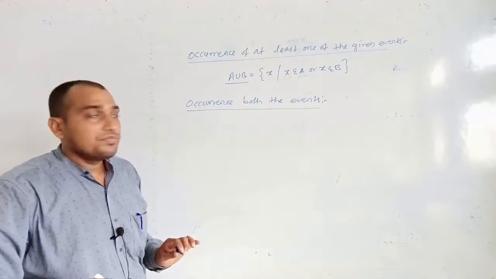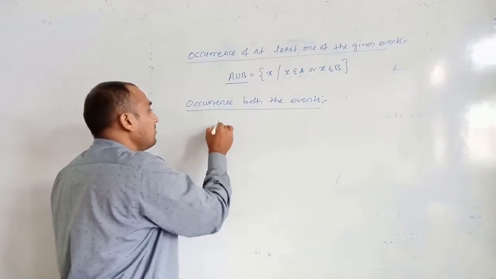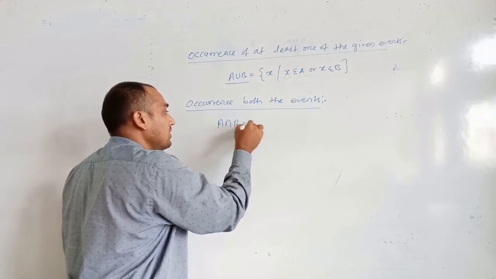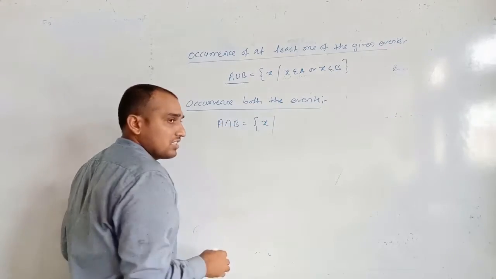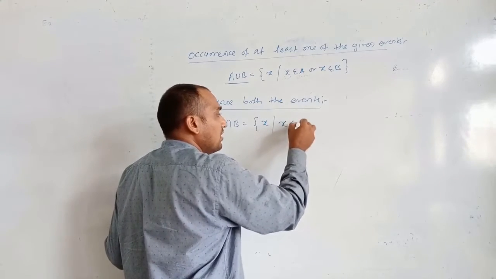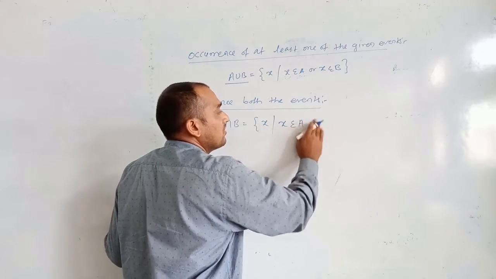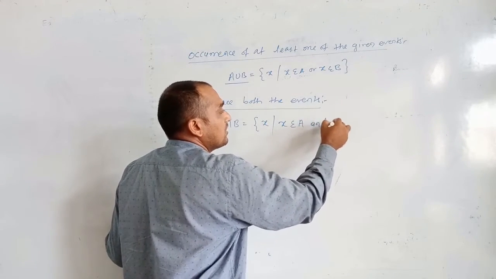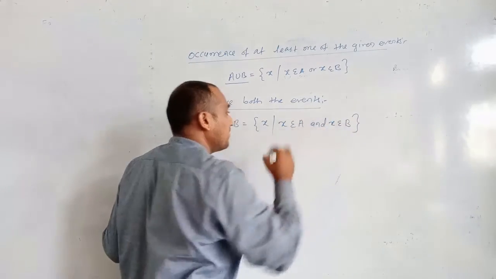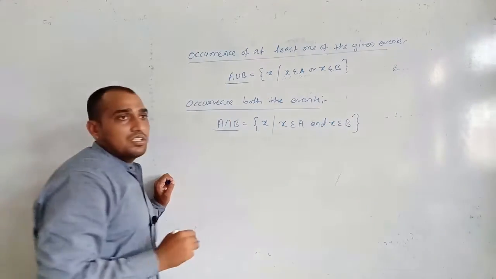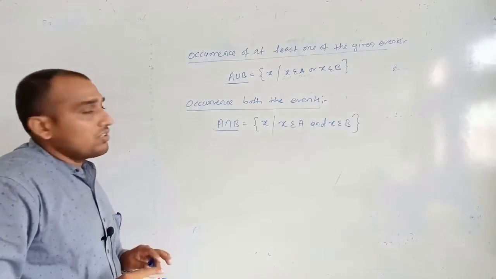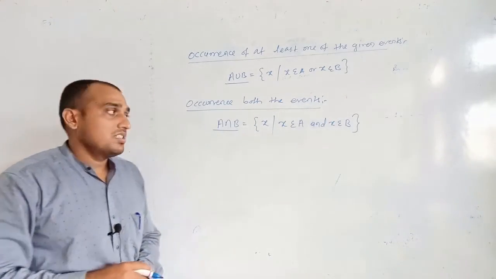In this case we find the term A intersection B, the set of values of x such that x belongs to A and x belongs to B. So, this part A intersection B represents the occurrence of both the events simultaneously.